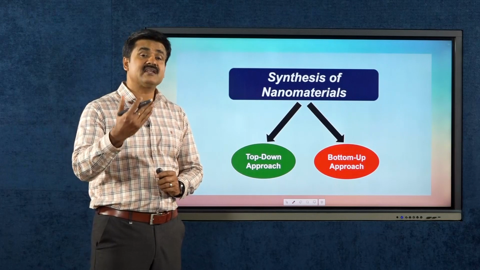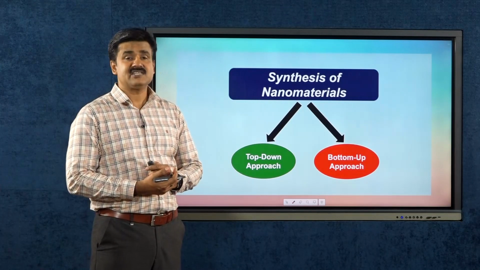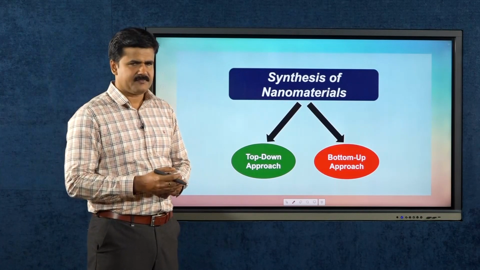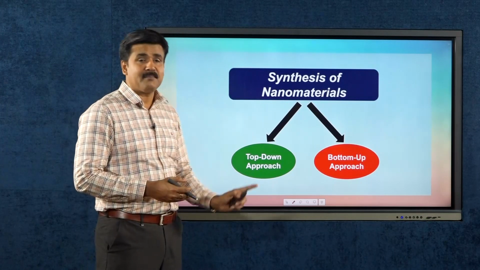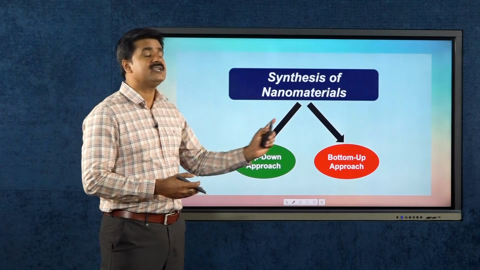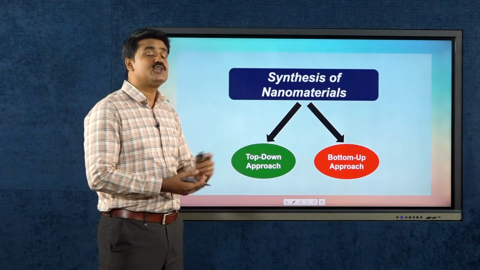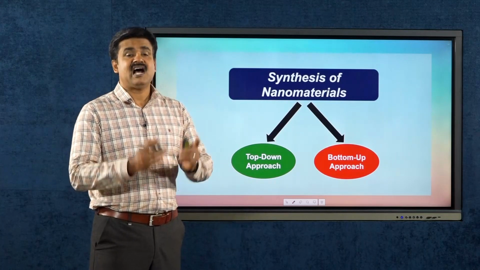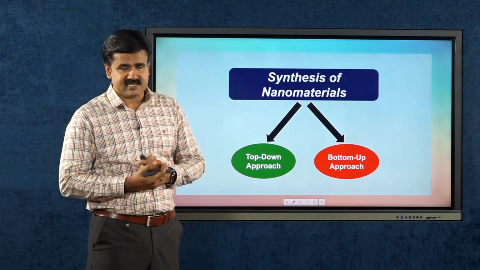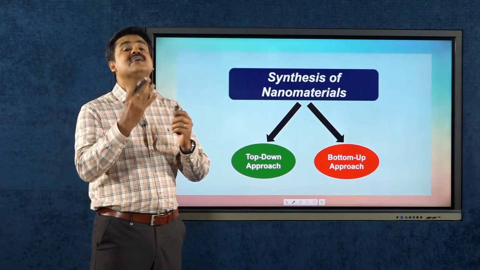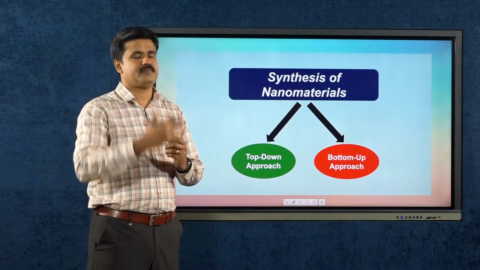Before entering into more details of these two approaches, I am just mentioning what is meant by top-down and bottom-up approaches. In the top-down approach, as the name indicates, we begin from a bulk material, from the top.